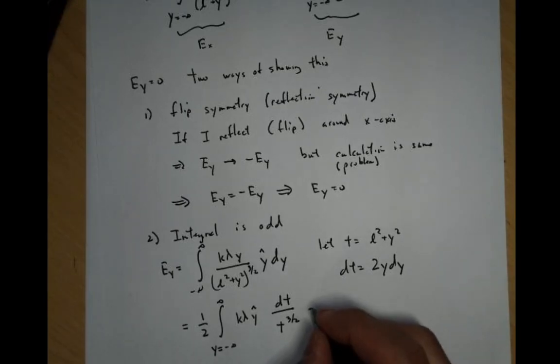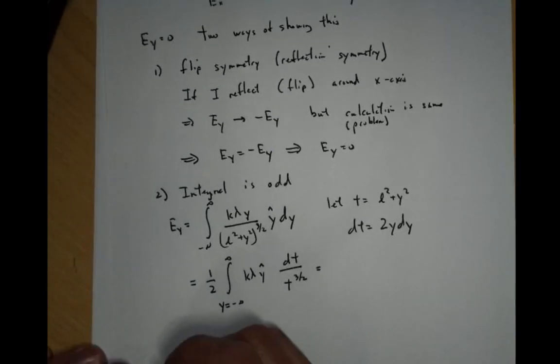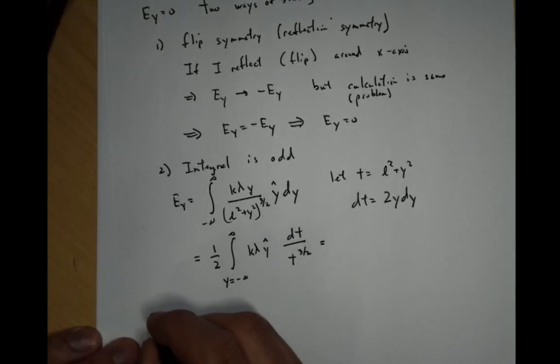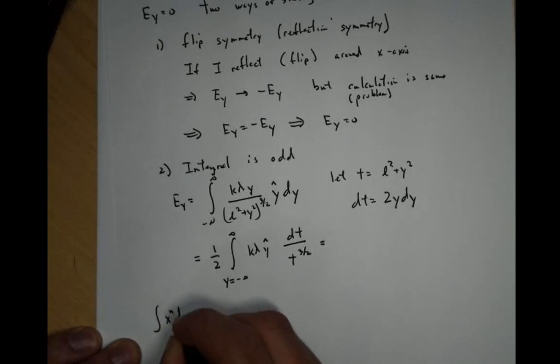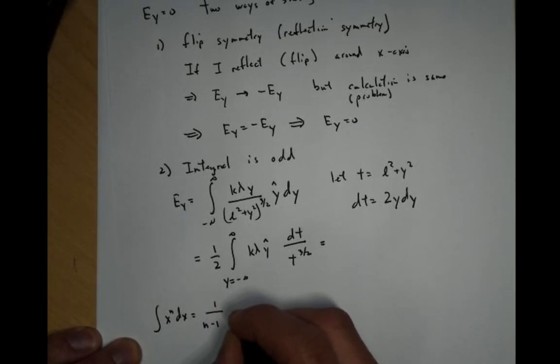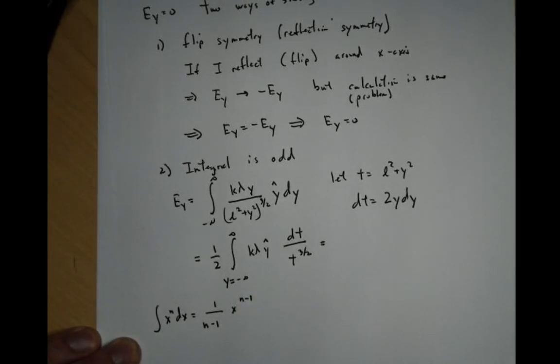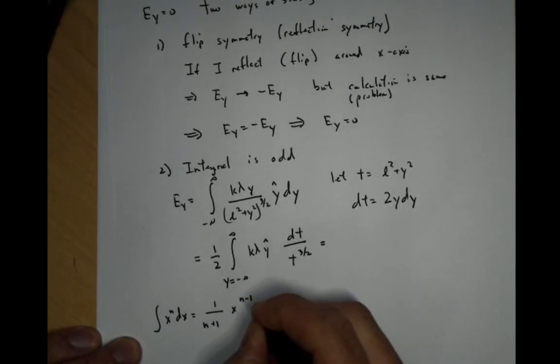You recall how to do integrals like this: the integral of x to the n dx is equal to 1 over n plus 1 times x to the n plus 1.